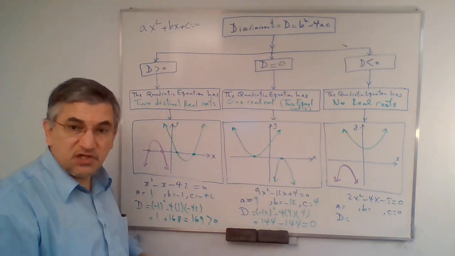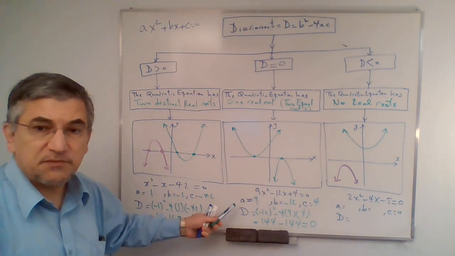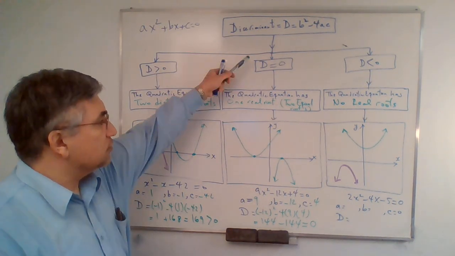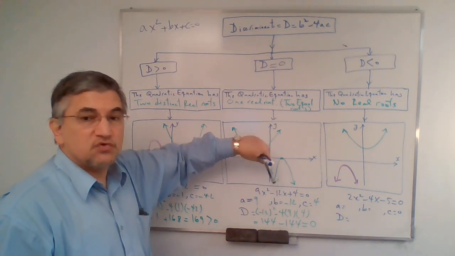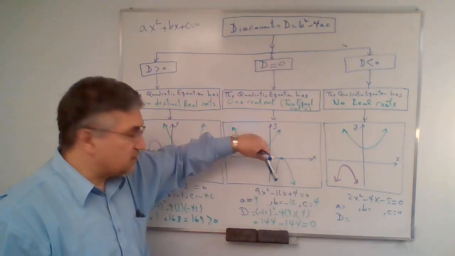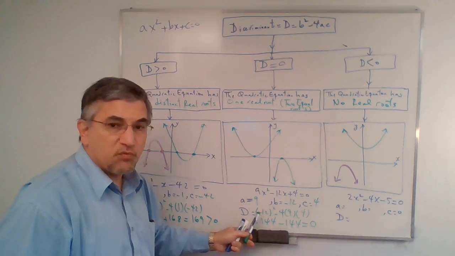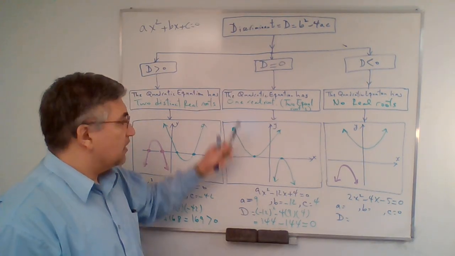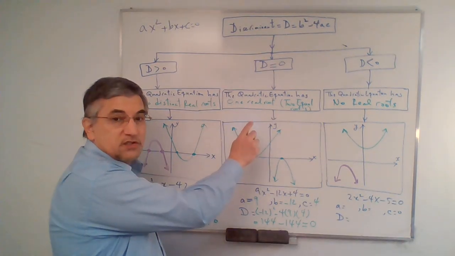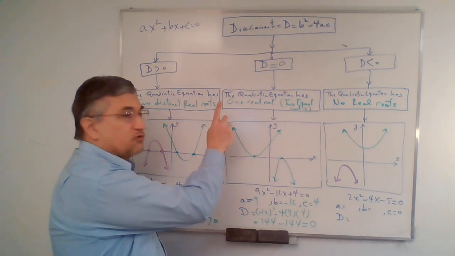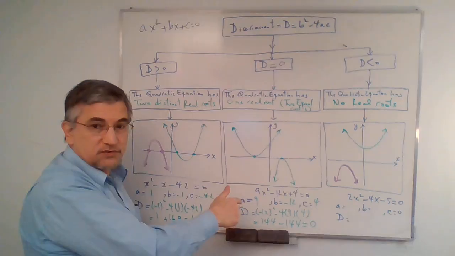It's interesting that we didn't get a positive answer for the discriminant this time. So the conclusion would be that this quadratic equation, even if you bother solving it using quadratic formula or any other method, end of the day you will end up with an answer that is unique. That is, we have one real root for the quadratic equation.